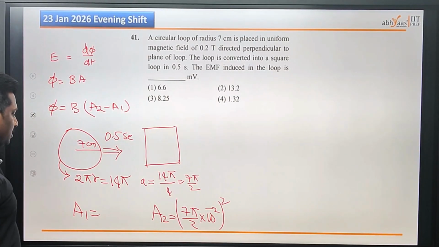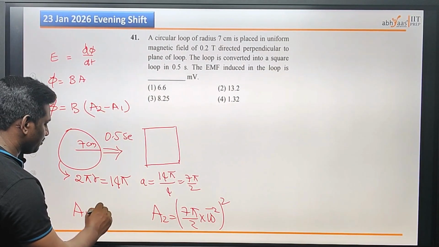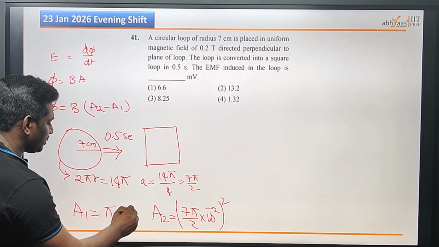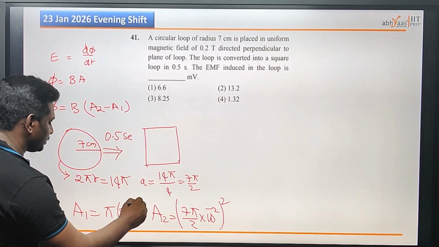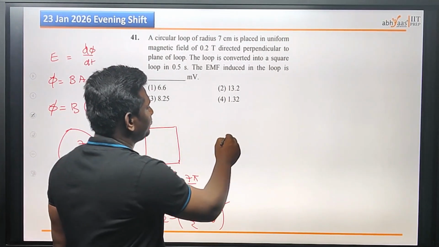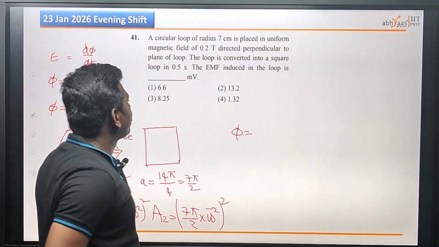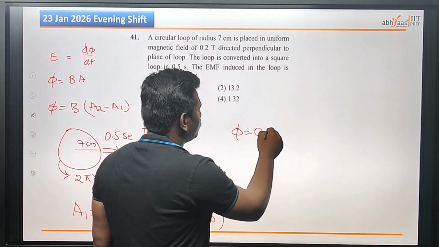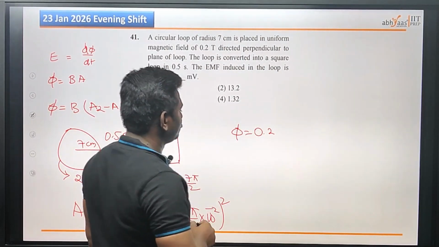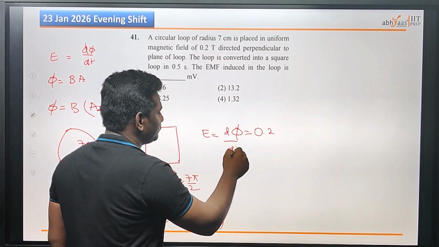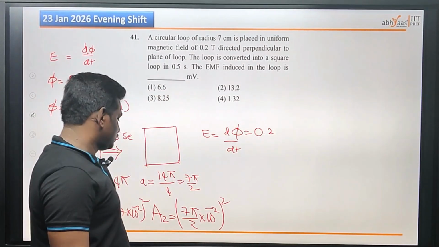That is pi r square, pi into 7 into 10 to the power minus 2, whole square. See here, phi equal to B, magnetic field 0.2. So I am writing directly E equal to d phi by dt.